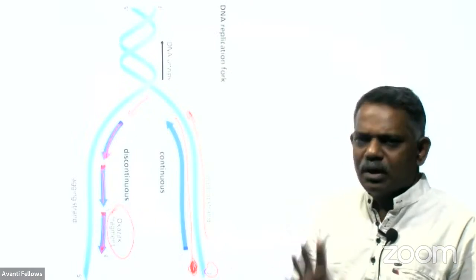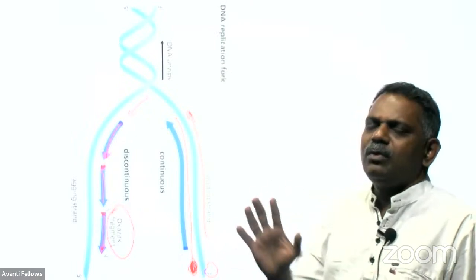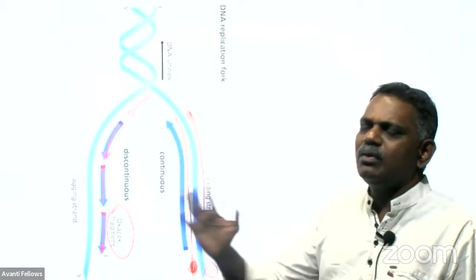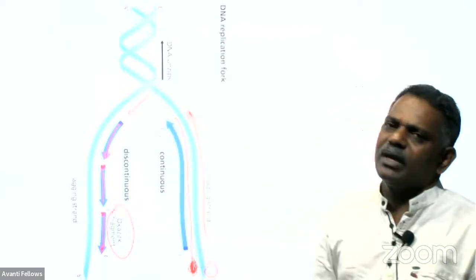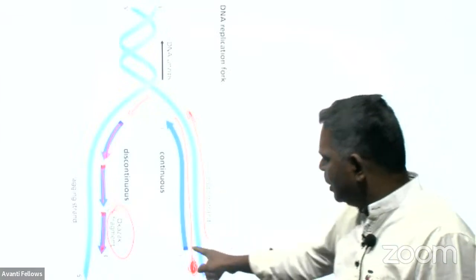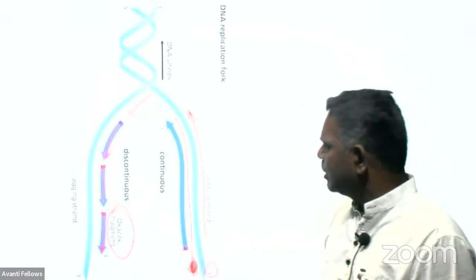Always you have to remember, formation of a new DNA strand is always from the 5' direction to 3' direction. So on this side only one primer is required.